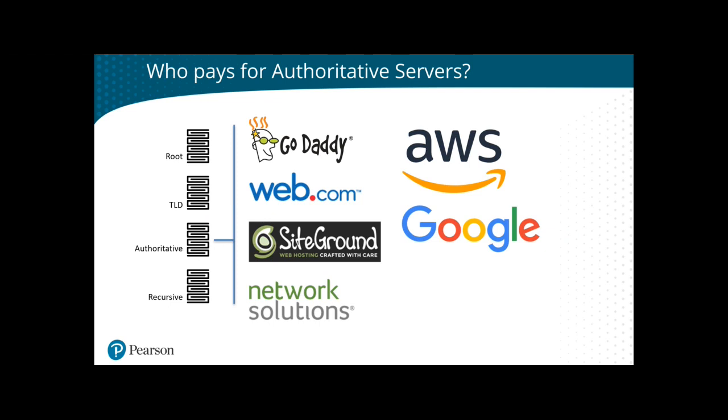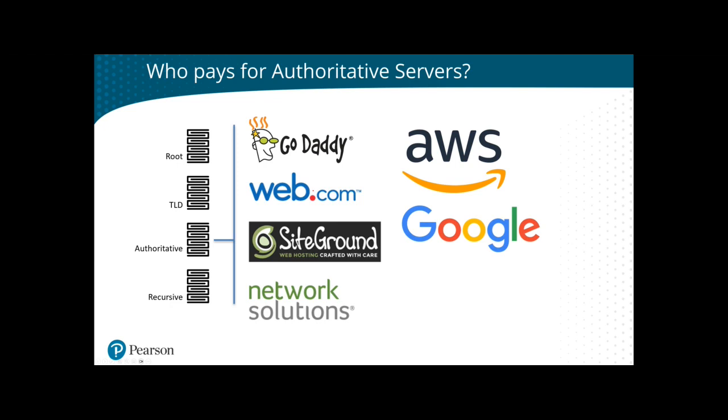So who owns authoritative servers? Authoritative servers are typically owned by companies that sell web hosting and or domain names. So for instance, I use Namecheap. Namecheap has authoritative servers.